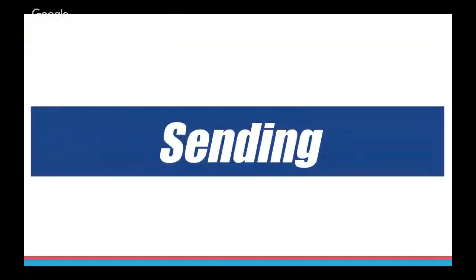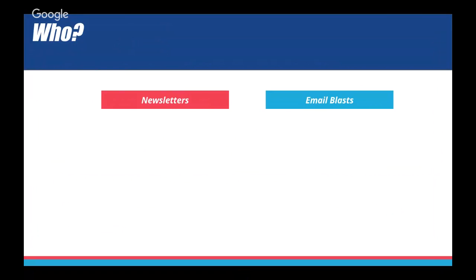Cool. So let's jump into sending. In most LCs, there's two different topics of email marketing that I'm going to touch on. There's newsletters, which is when you have an event, an info session, or some promotional activity that has allowed you to get contacts, or it's all your opens that come in through Expo, you add them to a newsletter.